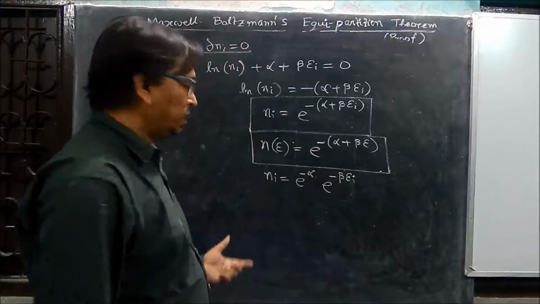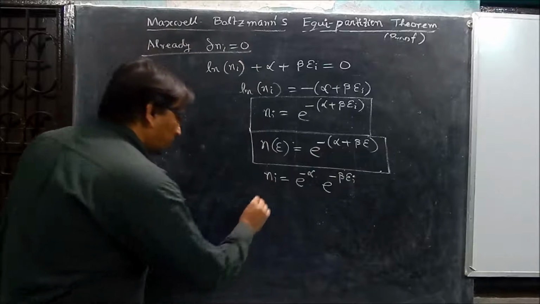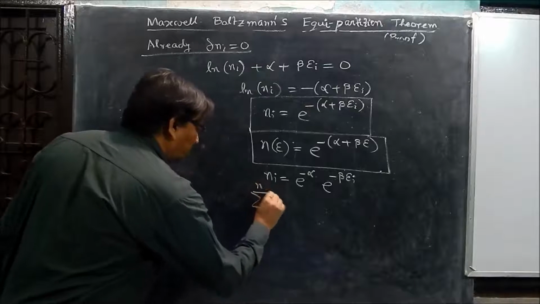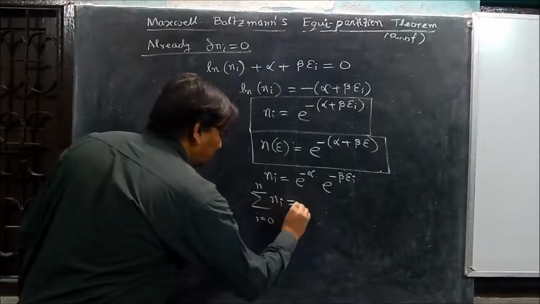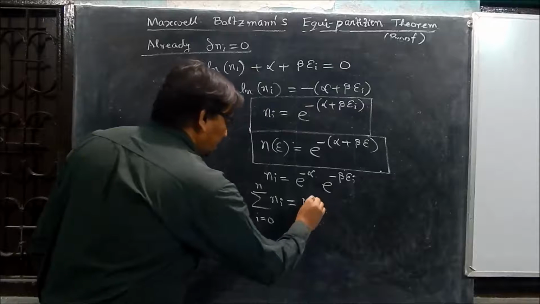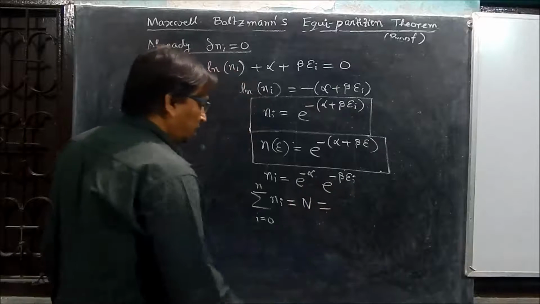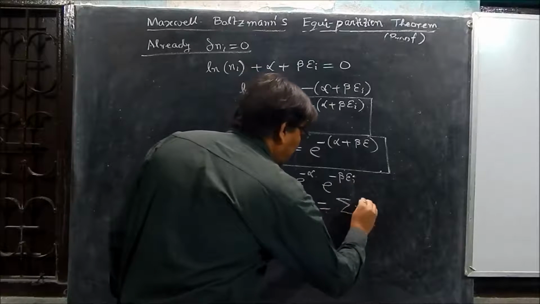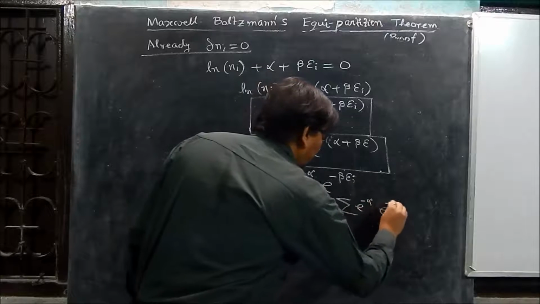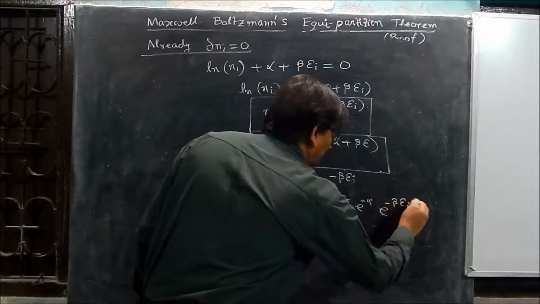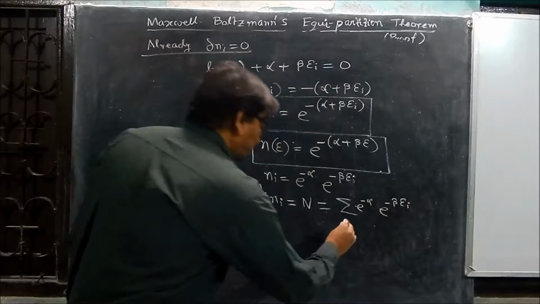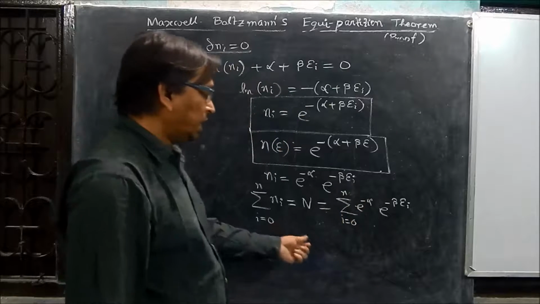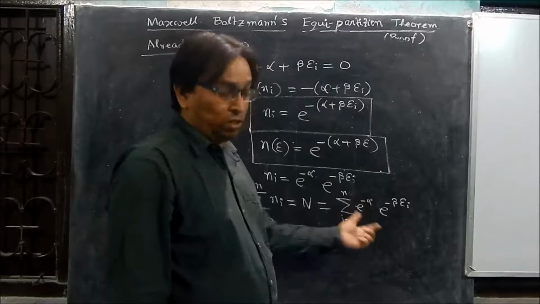So we are just breaking this, and we know that the summation of all ni, i equal to 0 to n, is equal to the total number of particles, and that is equal to the summation of e to the power minus alpha and e to the power minus beta epsilon i, where i goes from 0 to n. Now notice that e to the power minus alpha is a constant.